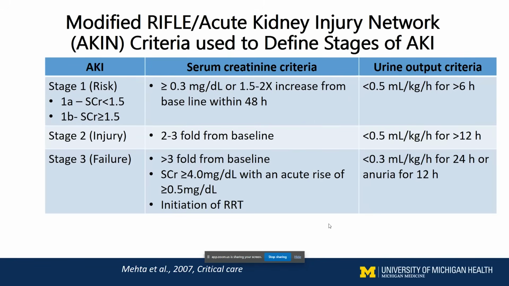So the serum creatinine criteria is increase in serum creatinine more than 0.3 milligram per dL, or 1.5 to 2 times increase in serum creatinine from the baseline within 48 hours. And this is further subdivided into stage 1A, where the serum creatinine peaks less than 1.5, or 1B if serum creatinine is greater than 1.5.